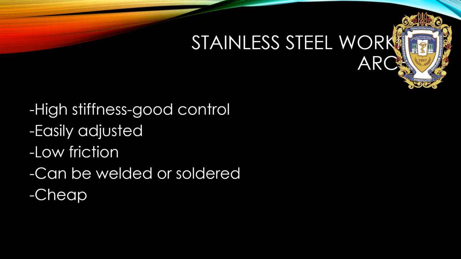Next step of treatment, stainless steel working archwires. What will we get from stainless steel working archwires? High stiffness and, as a result, good control. These archwires are easily adjusted with low friction, can be welded or soldered, and are very cheap.